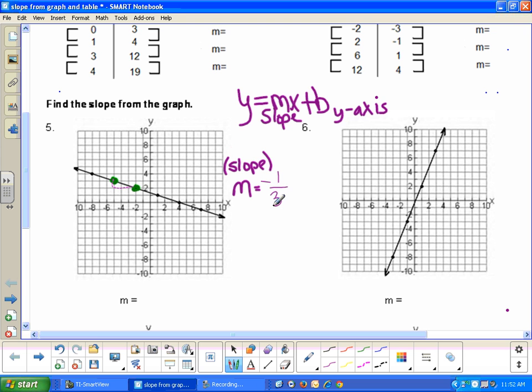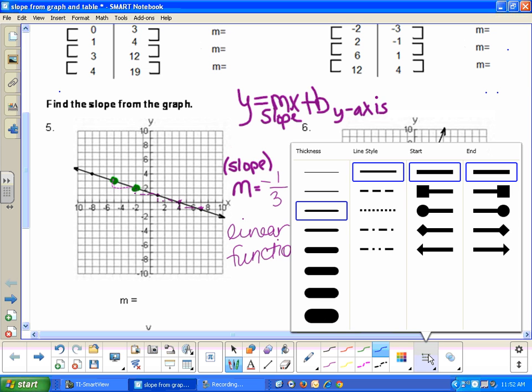If I continue that, down 1 over 3, down 1 over 3. That is the slope of the line. So on that one before with the table, between these 2 points, negative 1/3, and these two, negative 1/3. That tells me this is a linear function because the slopes are all the same between points and it creates a straight line.